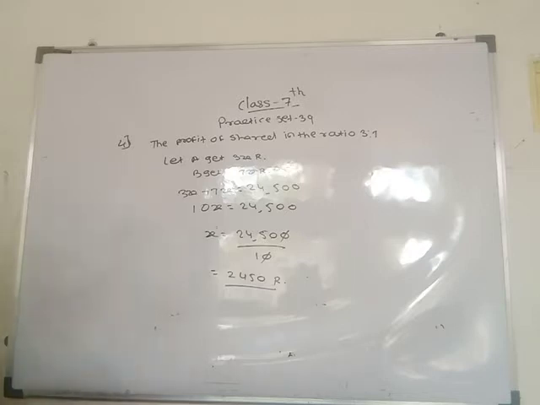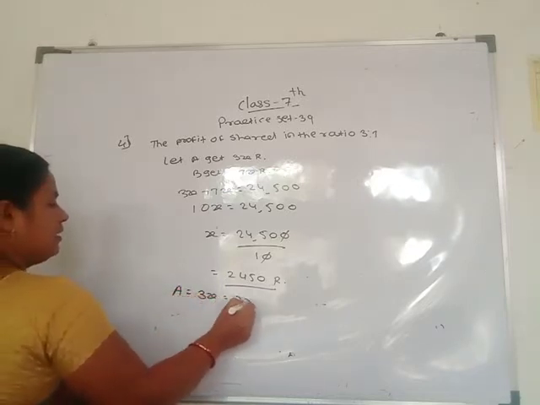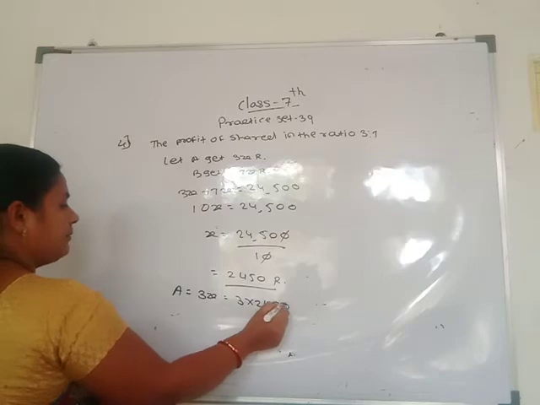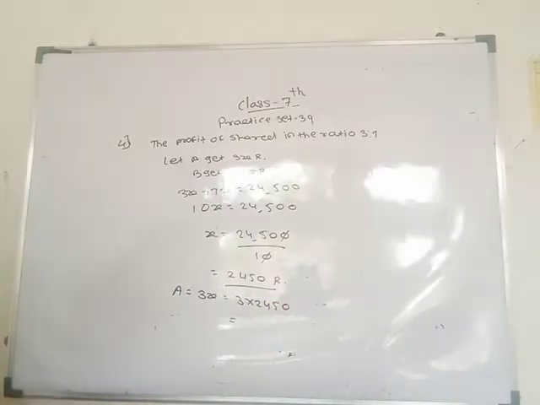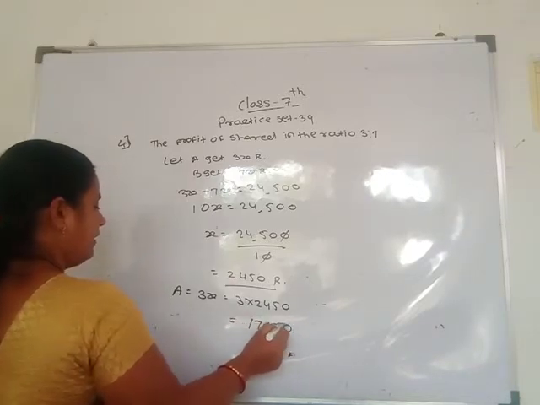Then you find the fund by each of them. Means A is equal to 3x, means 3 into 2,450, the answer is 7,350.